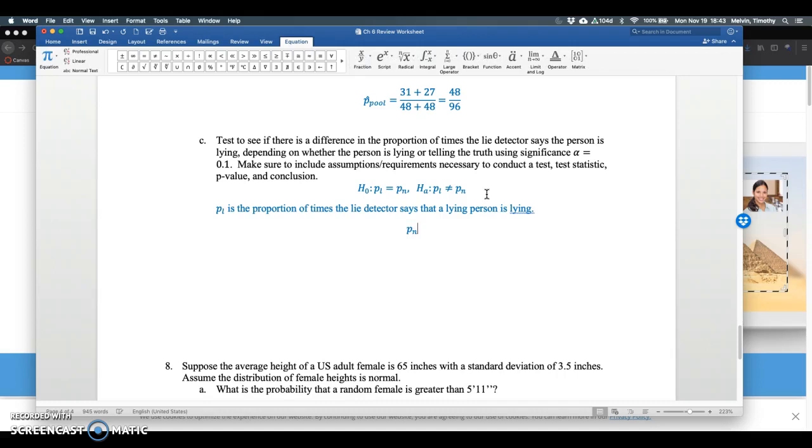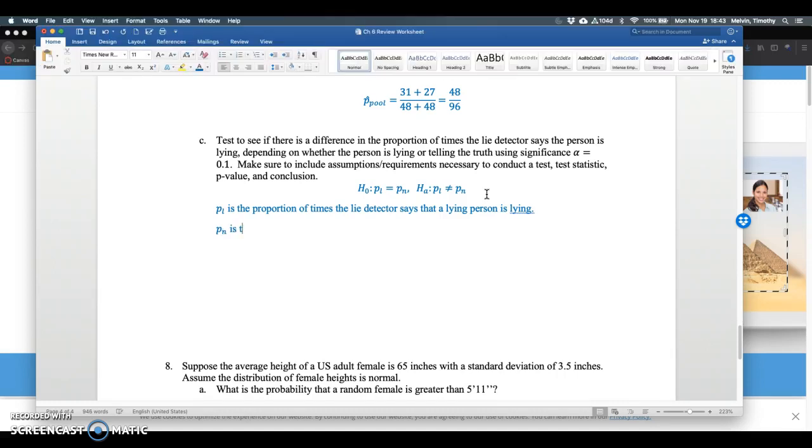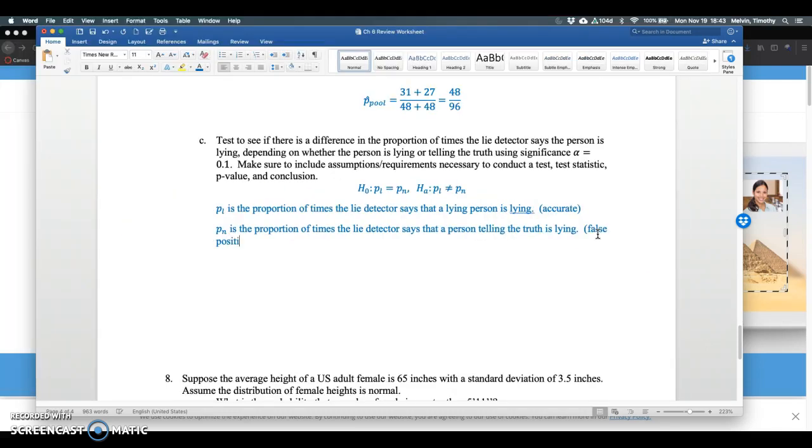P sub N is the proportion of times the lie detector says that a person telling the truth is lying. So I'd say this first one is accurate. That would be good for the lie detector test. And the second one, we call a false positive. It says the person's lying, but in fact they're not.